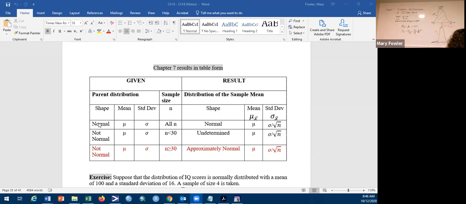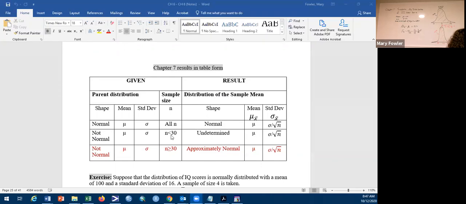These are all pieces of information you should garner from reading the problem. So for a normal distribution, for all sample sizes, the distribution of the sample mean is normal, and it has the mean and standard deviation which was determined in the previous video. And we also looked at that on the formula cards today.